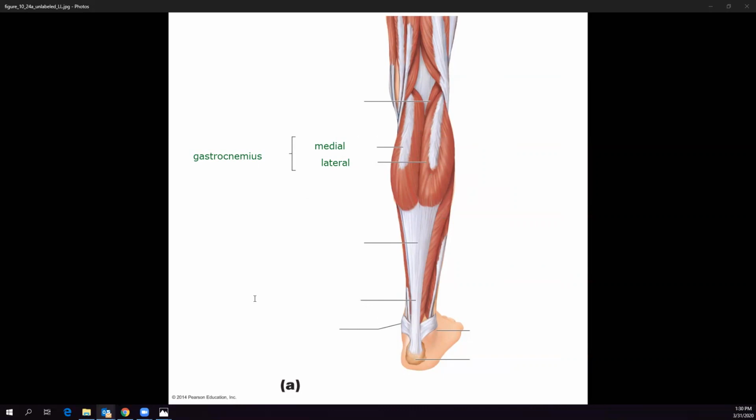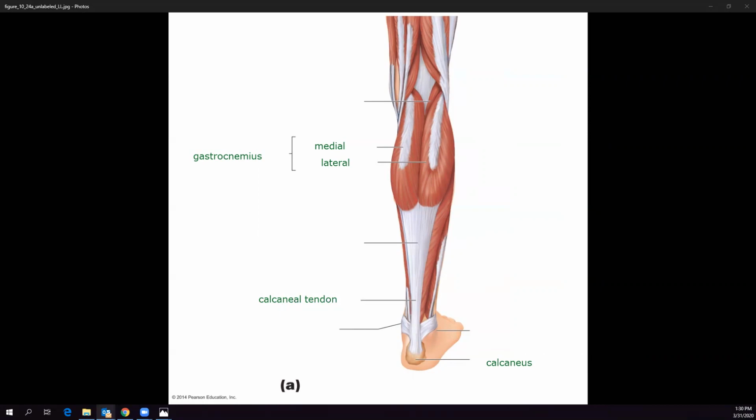Then right here we have the calcaneal tendon, otherwise known as the Achilles tendon, but because it's connected to the calcaneus, let's type that in right there. Then it's the calcaneal tendon. And then this would be the medial malleolus and the lateral malleolus over here. And then we have one more muscle right here.